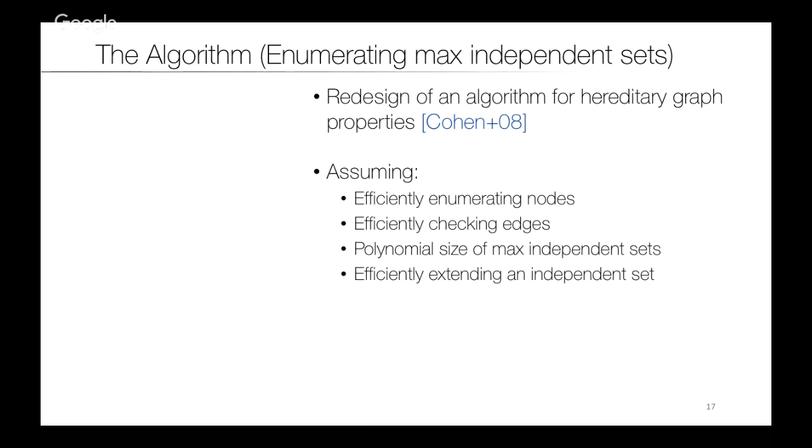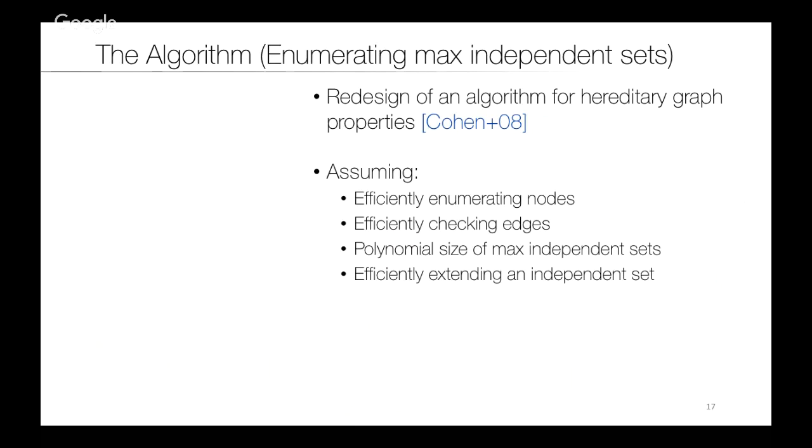So there can be exponentially many nodes, but the size of every maximal independent set is polynomial. And we want to be able to extend an independent set to a maximal independent set in polynomial time. And I will say a few words more about that. These are all things we can do in the case of the separator graph. So this is why we can apply this algorithm to find the minimal triangulations.